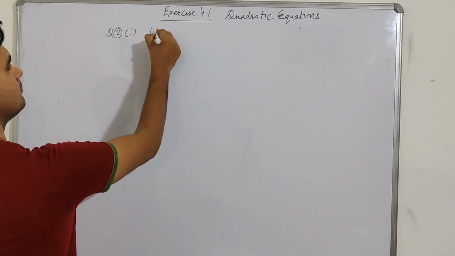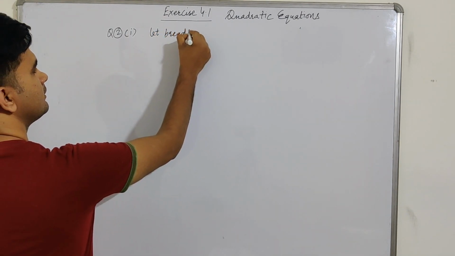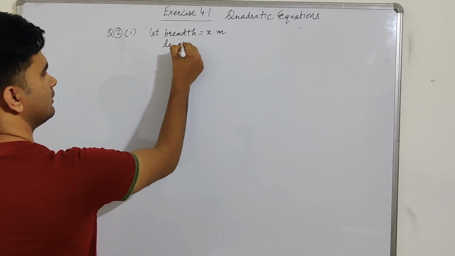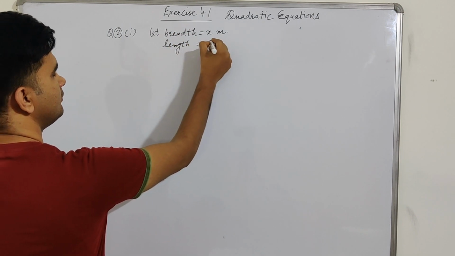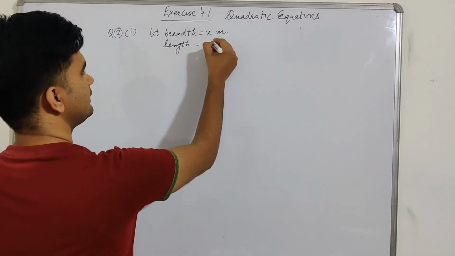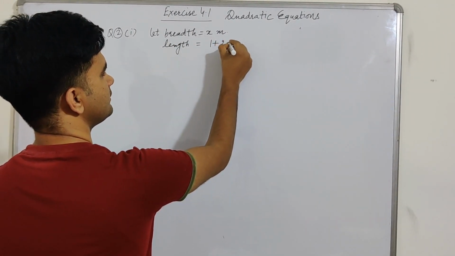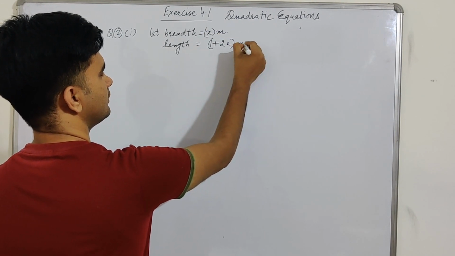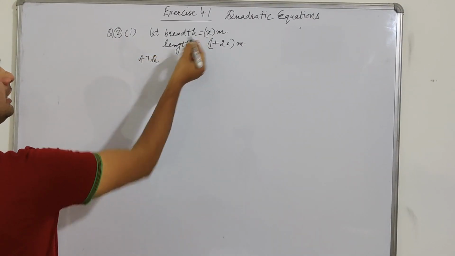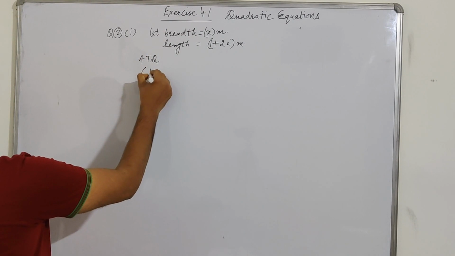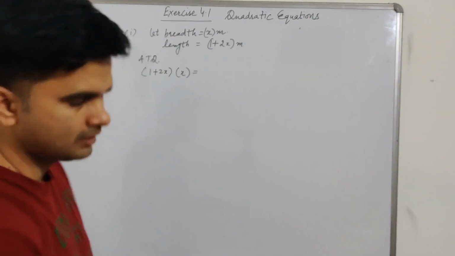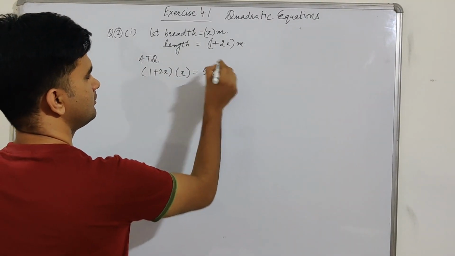Here we will assume the breadth is x meters, and the length is what? It is 1 meter more than twice its breadth, right? According to the question, area means length into breadth. Length is 1 + 2x, breadth is x, and the area given is 528 meters squared.